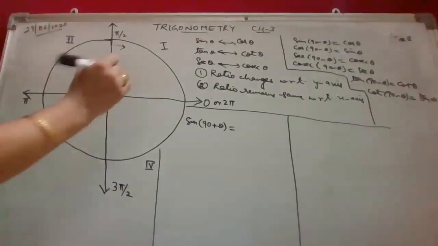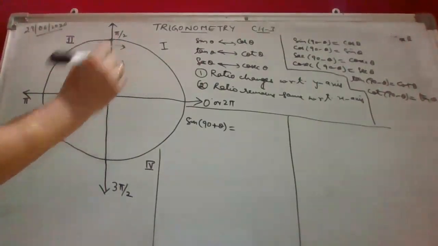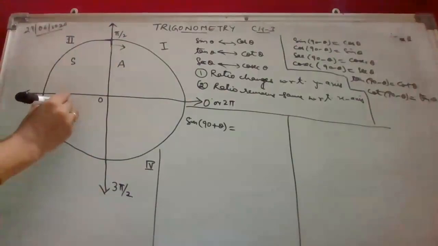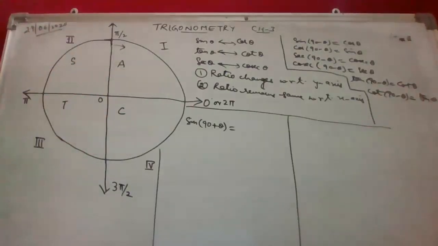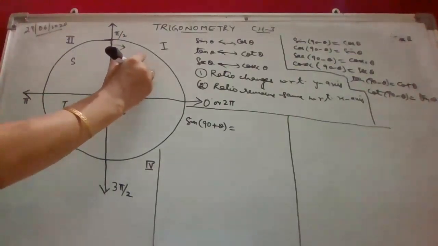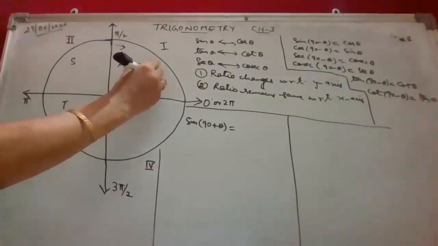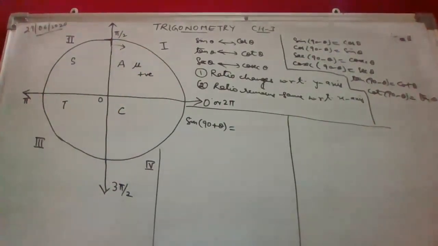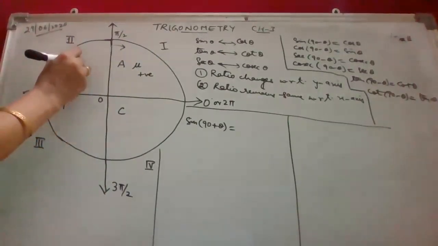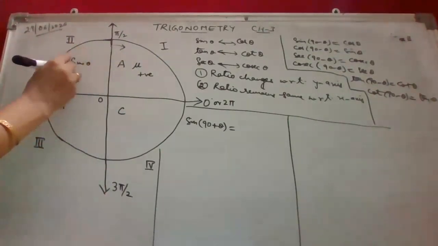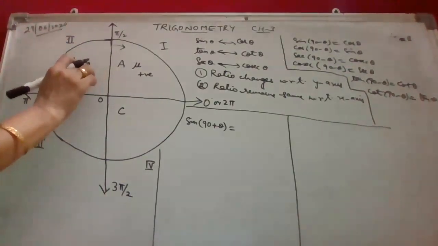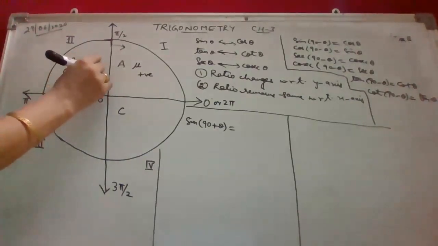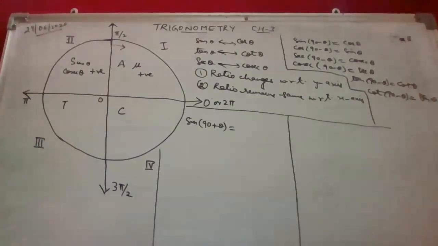And we should remember that in the first quadrant, it is ASTC, all silver tea cups. In the first quadrant, all the ratios are positive. A is for all. Silver, that is sin theta, and its reciprocal cosec theta are positive and the rest are negative.